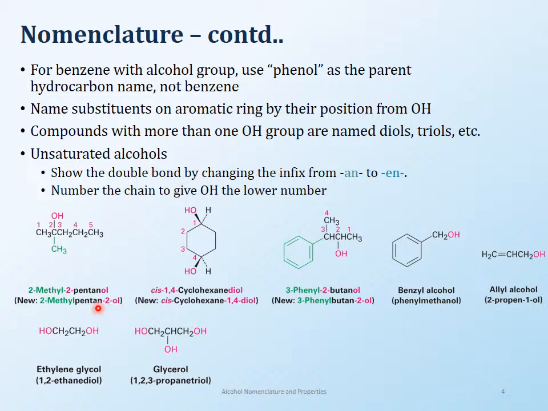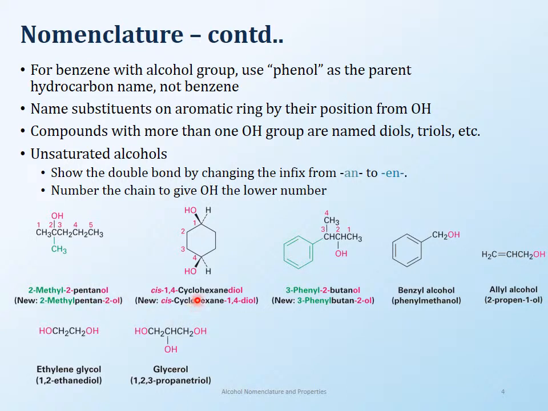Okay, so 2-methylpentan-2-ol. And this nomenclature is really good when you start having really many different kinds of functional groups in one compound. If you have simple ones like in this case, it really does not matter a whole lot. It matters a lot more if you have many functional groups. So it doesn't matter to me which one you write. I just want you to be able to recognize both of them.